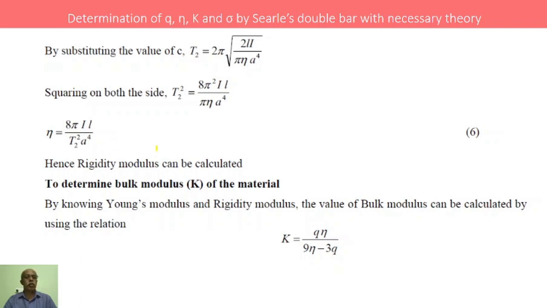So if we know the rigidity modulus as well as Young's modulus, we can easily determine the bulk modulus of the material of the wire using the expression K equals Q eta by 9 eta minus 3Q. By knowing Young's modulus and rigidity modulus, one can determine bulk modulus using this expression.